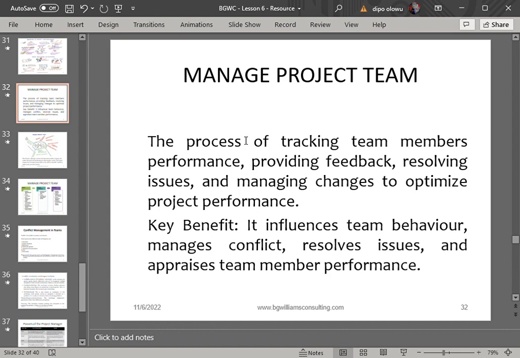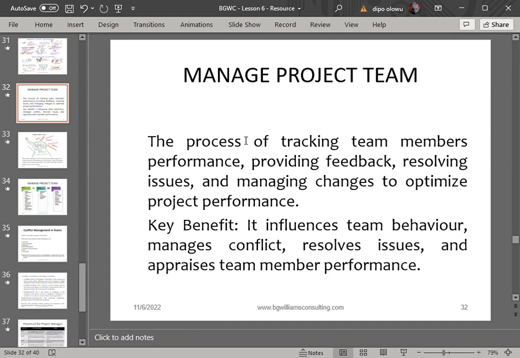So manage project team is that aspect where the project manager focuses on the individuals on the team to find out what their challenges are, what they need to do, and whether there are issues surrounding what they need to do. That is manage project team.